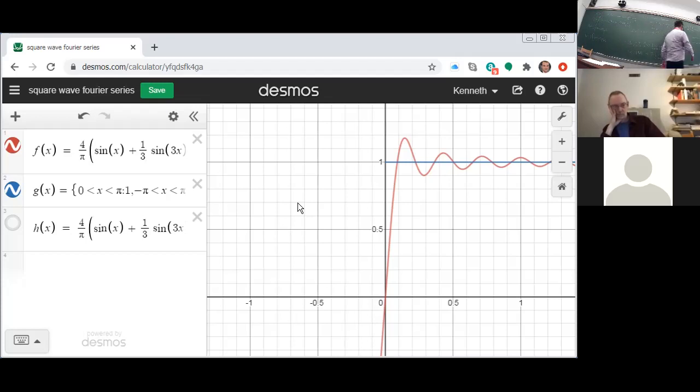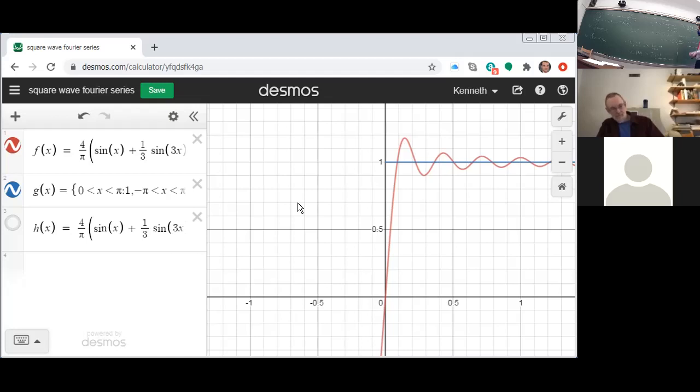So I want to give you a short homework assignment for over the weekend. We gave a Fourier series for the odd extension, right?